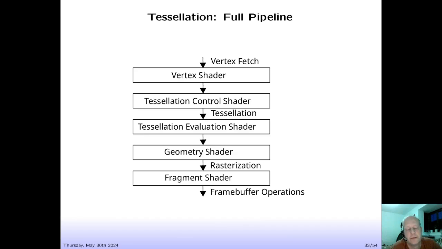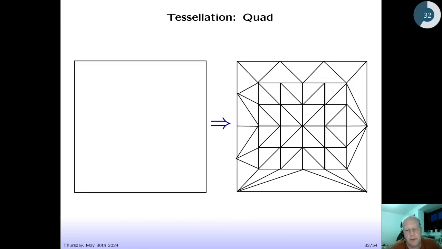We use a geometry shader to modify those vertices, and finally, we have the fragment shader as usual. So this is an example where a quad is tessellated into many small triangles.